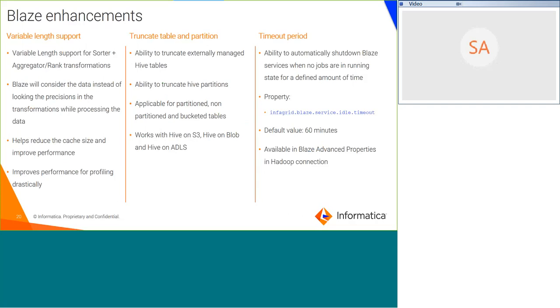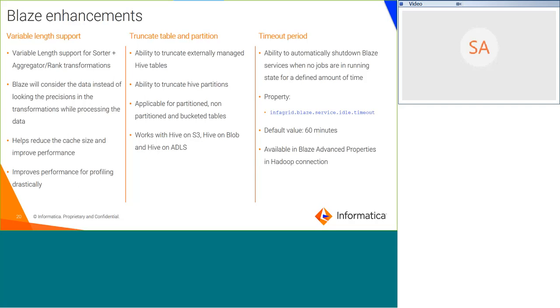So in 10.2 or in our previous releases, there were some issues where you needed to provide the right precision so that Blaze works well in terms of memory and performance, right? So what we have done in this release is that now automatically we are able to understand the right sorter and aggregator cache, and you don't have to actually go and tune your precision. All of these things can be done automatically by us.